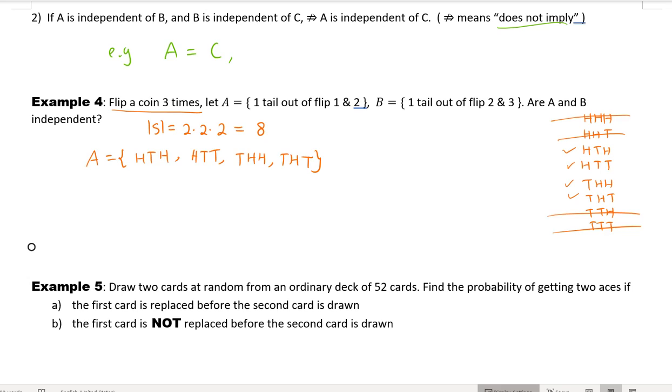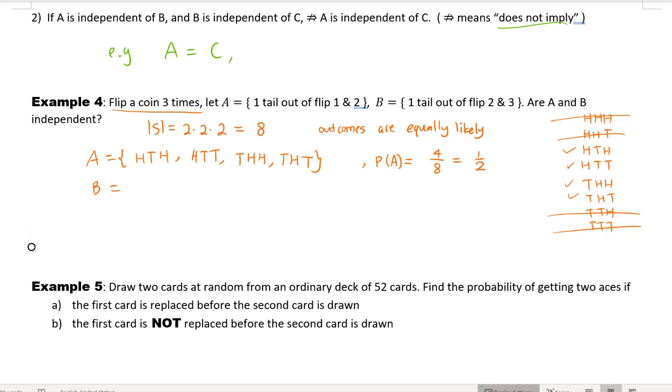This is the event A. What is P of A? Because we have 8 outcomes and all of them are equally likely, with the same probability, here we have 4 outcomes out of 8 total. That's why the probability is 1/2.